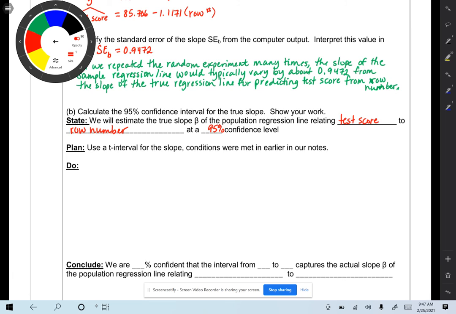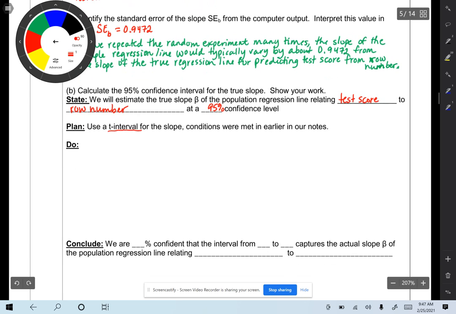Use a t-interval for slope. Conditions were met earlier in our notes, so we don't have to state those again. We know from the computer printout, which is our lifesaver, b is equal to negative 1.1171, so that's our slope. Our standard error of our slope is 0.9472. Now it's pretty clear sailing.